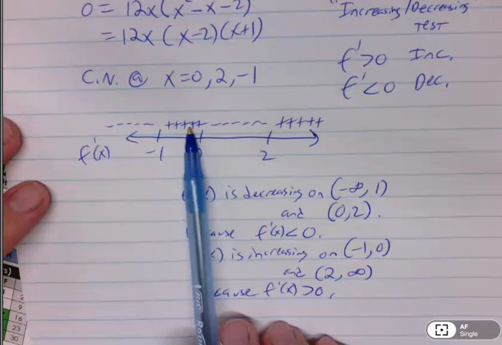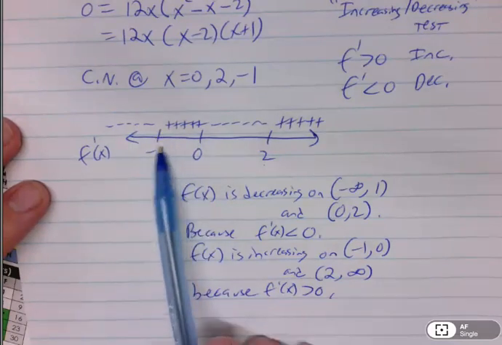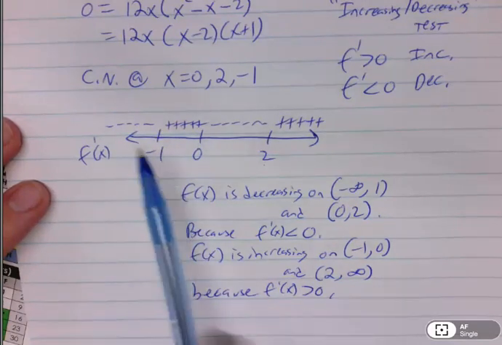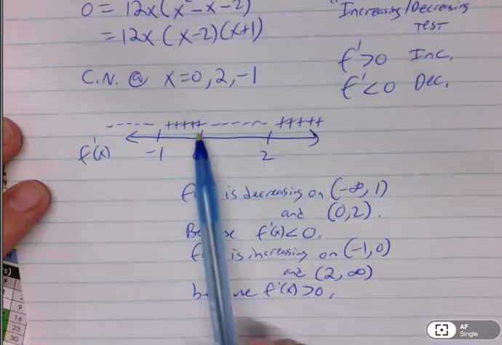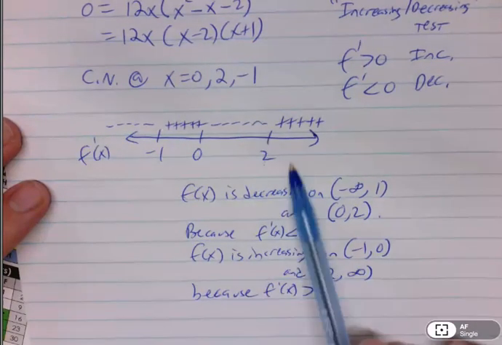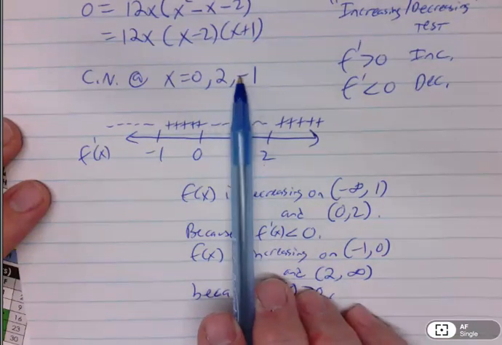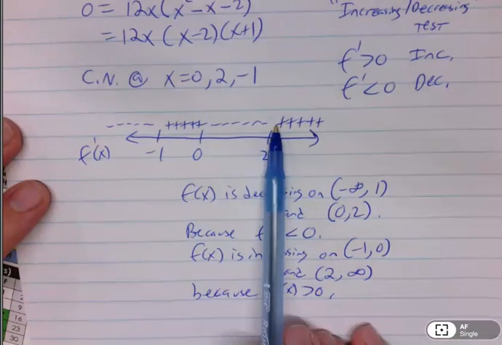Well, if a graph changes from decreasing to increasing, we're going to have a local minimum here. Now, it could be an absolute. I don't know yet for sure, but it's at least a local. If I go from positive to negative, if I go from increasing to decreasing, well, then I would expect to have a bump at the top. And that would be a local max.